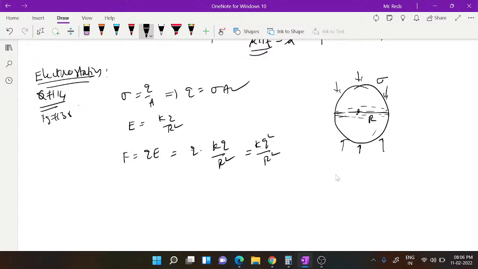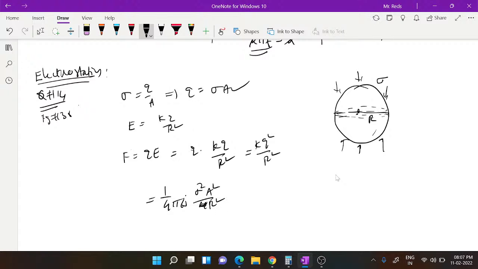If you observe the options, F is proportional to Q square by R square, but they have given it in terms of epsilon and R. So we write it as 1 by 4 pi epsilon naught into Q square by R square. In terms of sigma, Q is sigma A, so Q square means sigma square A square.